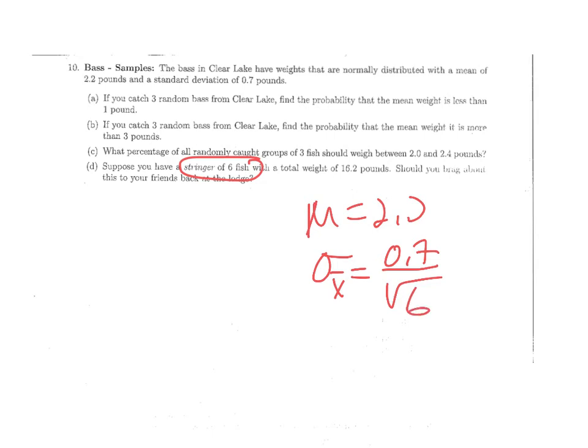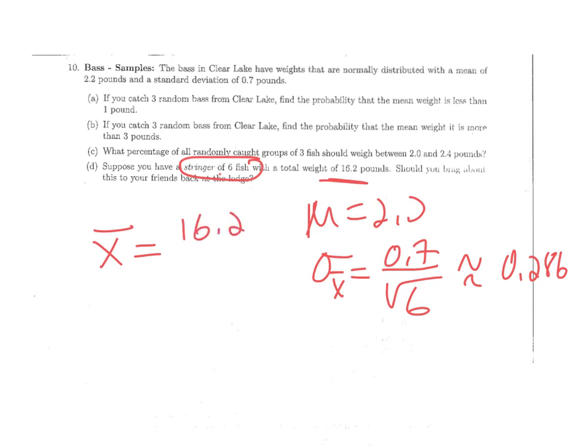I did that someplace else, right here, and I got about 0.286, rounded. And then I've got 6 fish that have a weight of 16.2. So let's find the mean for those fish. How much on average do those 6 fish weigh?